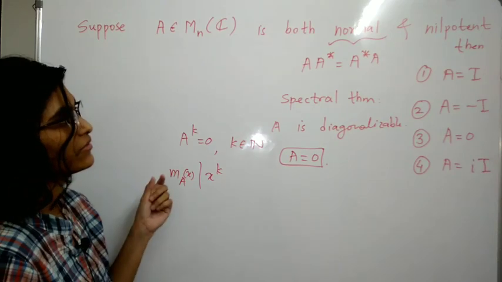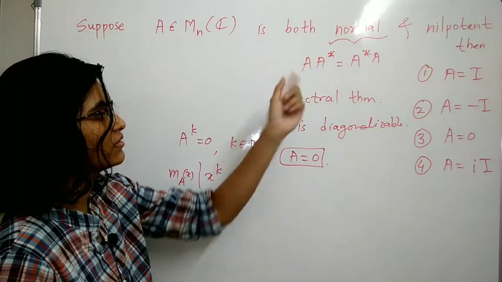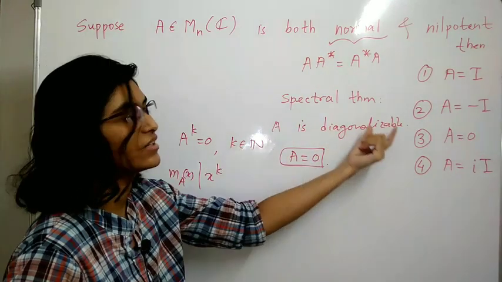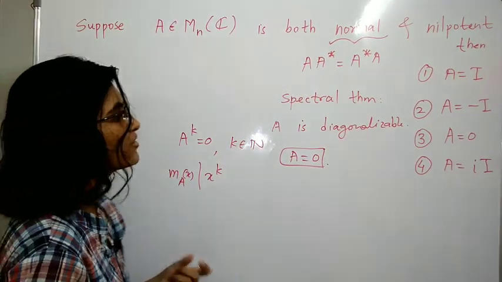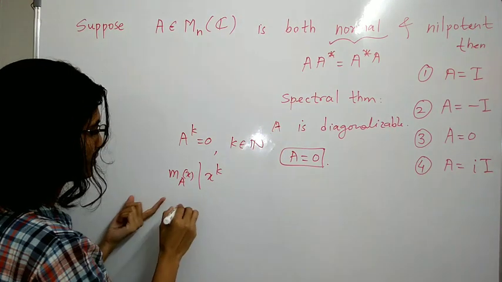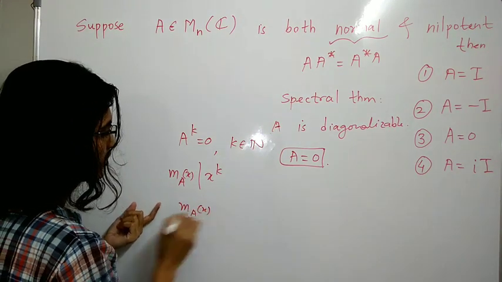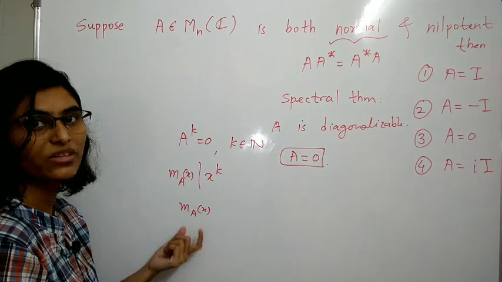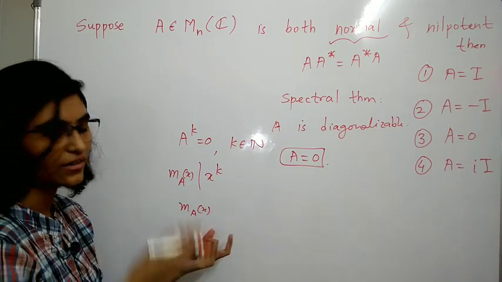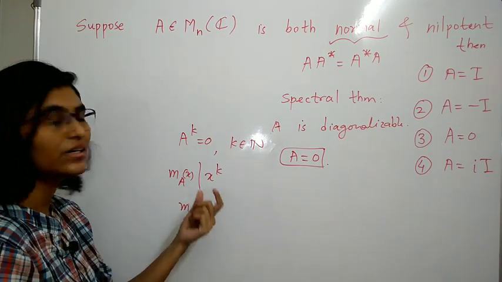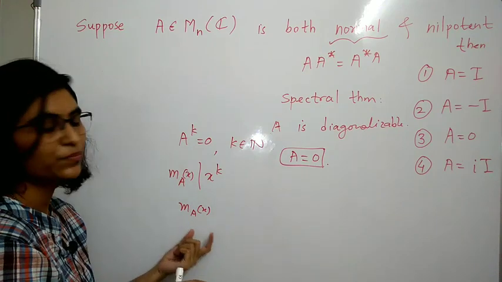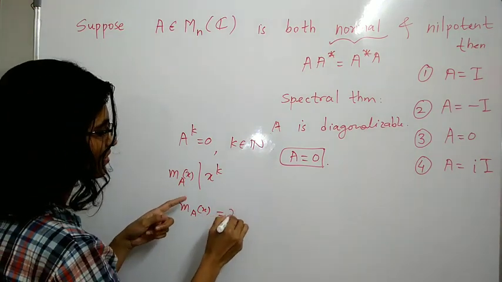Now we have been given that from the normal condition, A is diagonalizable. That means whenever we have m_A, it must split into linear factors, so all the factors have power 1 in m_A. So this m_A must be x.